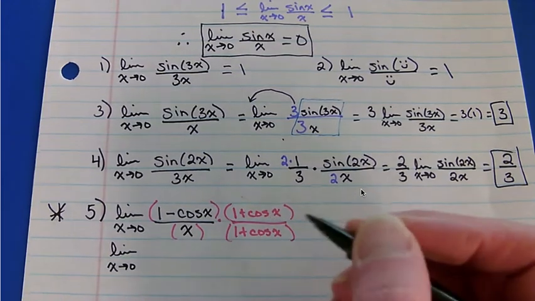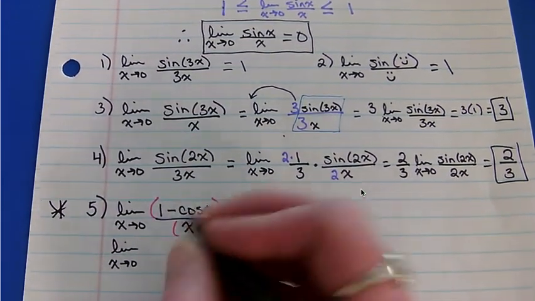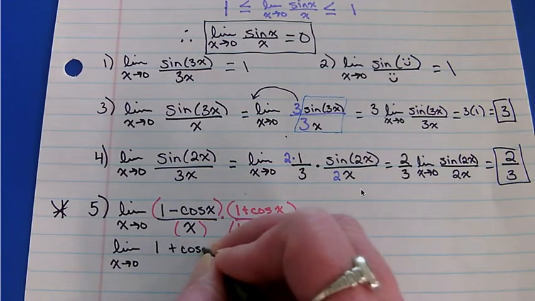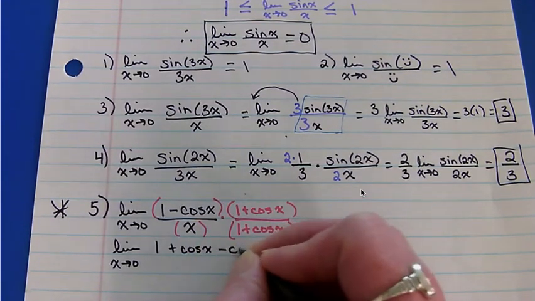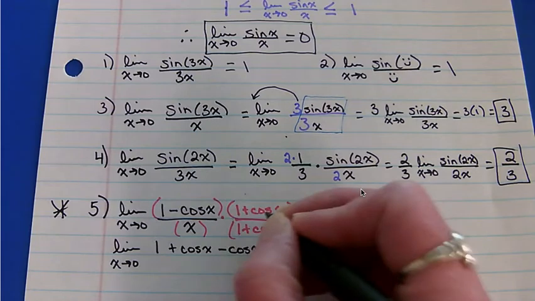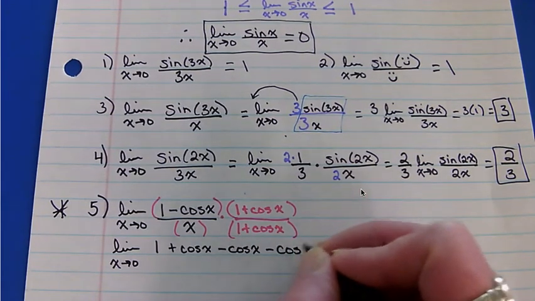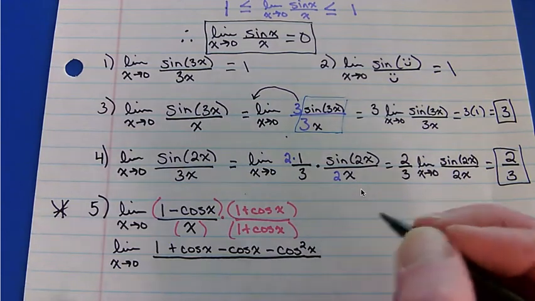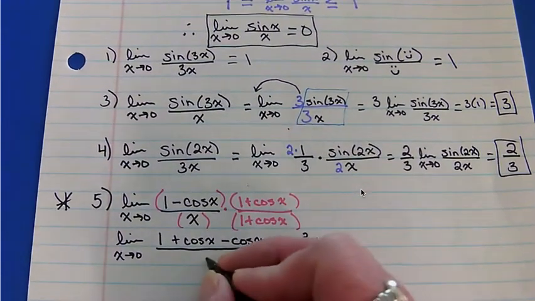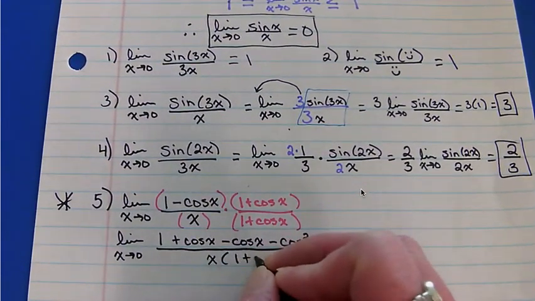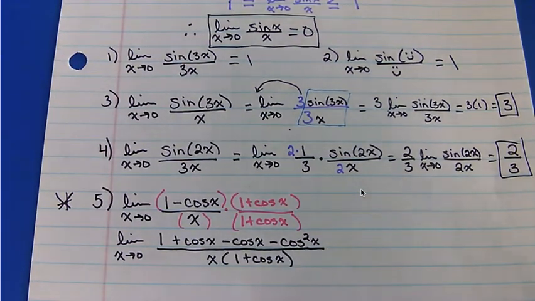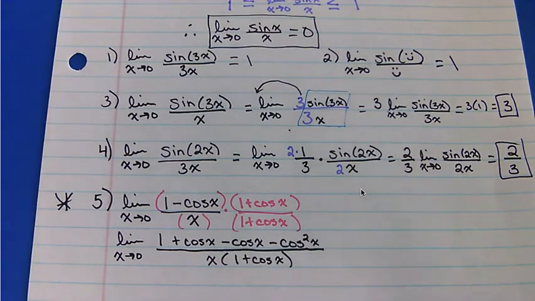So I'm going to multiply the numerator and the denominator by the same thing. When I multiply that numerator together, I'm going to get 1 times 1 is 1, plus cosine x, minus cosine x, minus cosine squared, over, now if you remember what I talked about when we were doing the conjugates earlier, don't distribute the denominator, it's not worth it.